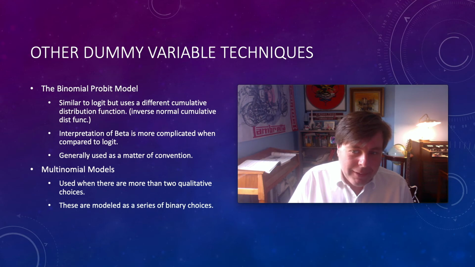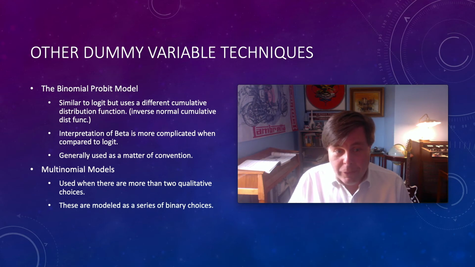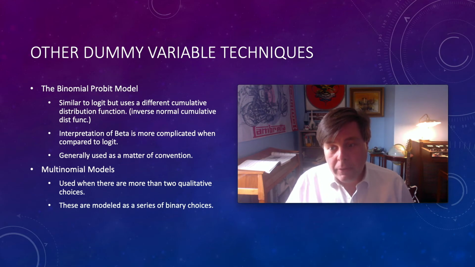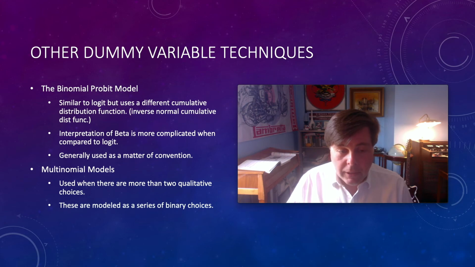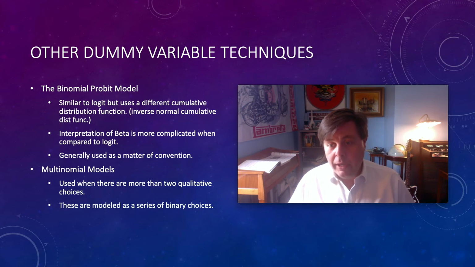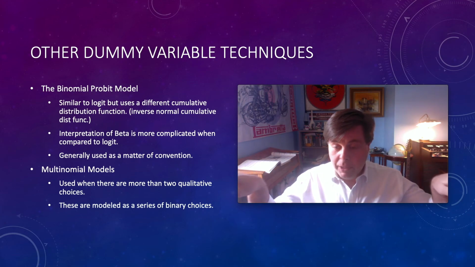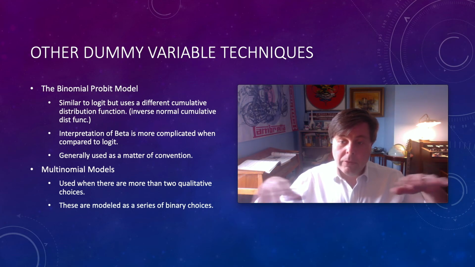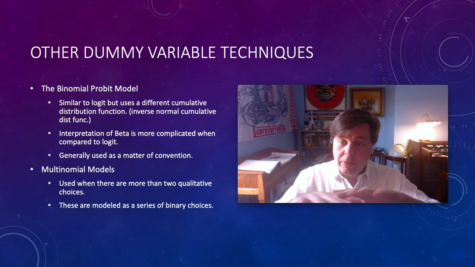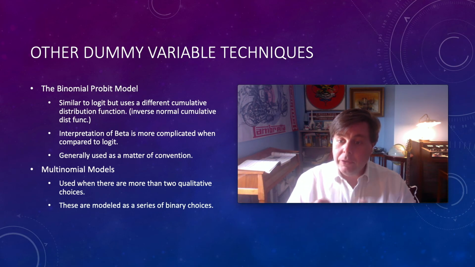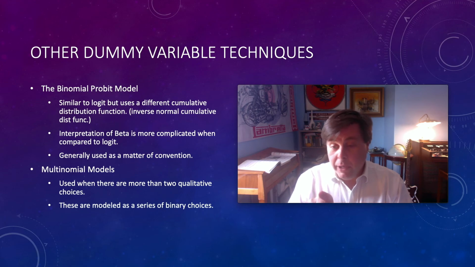Then finally, we also have so-called multinomial models. These are used when we have more than 2 qualitative choices. Now, this actually comes up, it's not uncommon. Let's say we have a series of possible outcomes, but that series of possible outcomes is the product of a series of discrete binary choices.